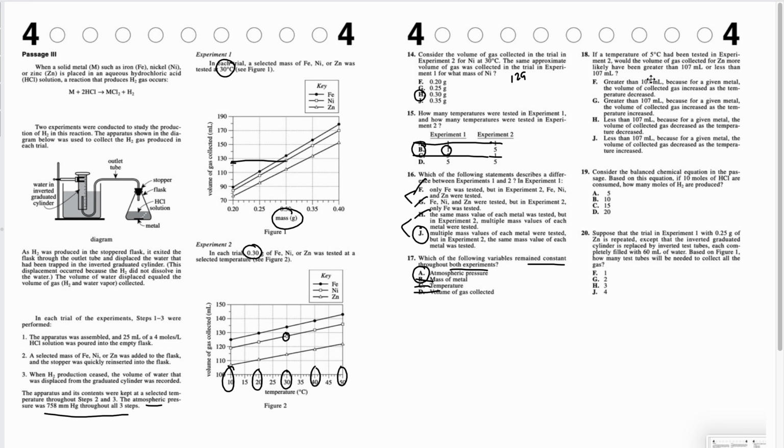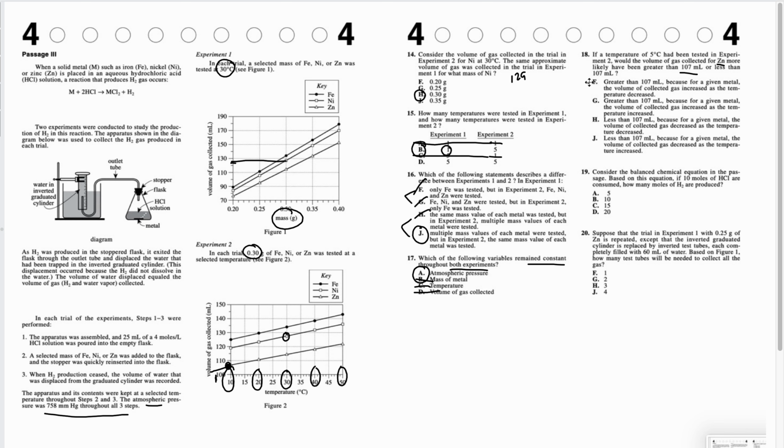Question 18. If a temperature of 5 degrees Celsius had been tested in experiment 2, would the volume of gas collected for Zn more likely have been greater than 107 milliliters or less than? If we go to experiment 2 and we go to Zn, which is the open triangle, and we wanted it at 5 degrees Celsius, that's going to be down here. We can see that this is going to continue going lower. This was at 107 right now, so it's going to be lower than 107 as it goes down.